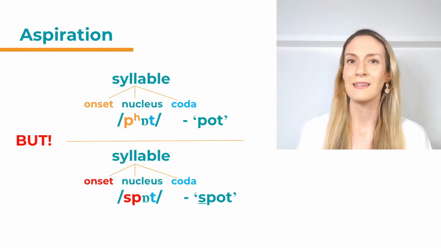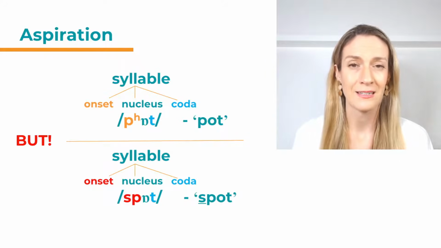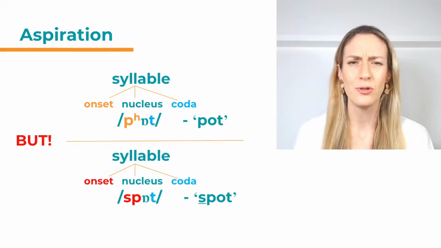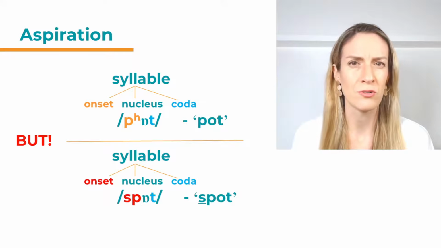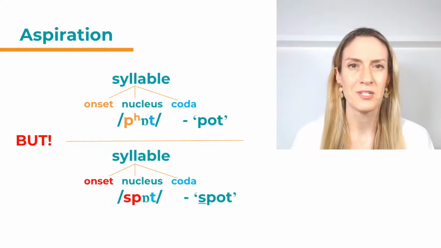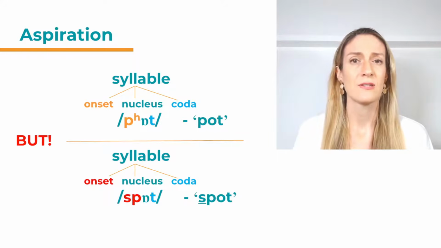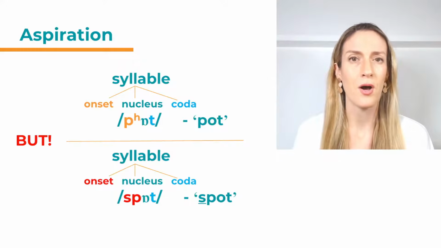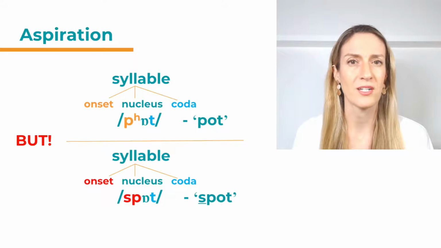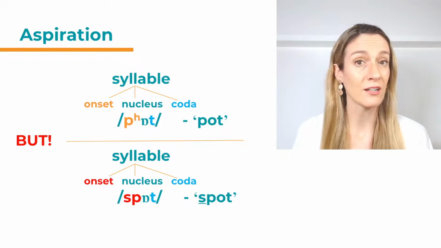So p here is not aspirated, spot. I mean, you could aspirate it, but it would sound very odd and people don't do that because it would create quite a lot of effort. So spot, but pot, pot, spot, spot. I'll say it again, and I would encourage you to say it as well.